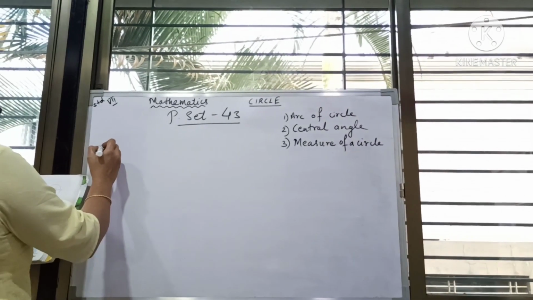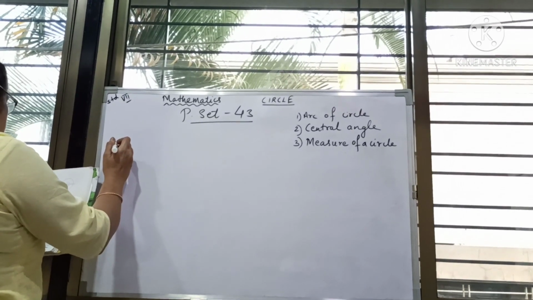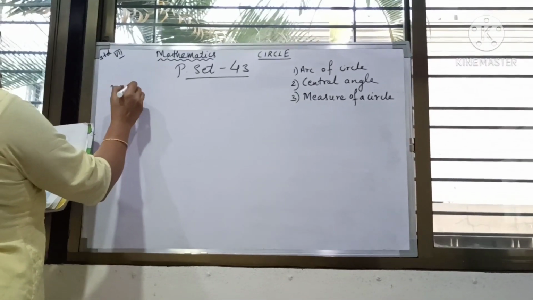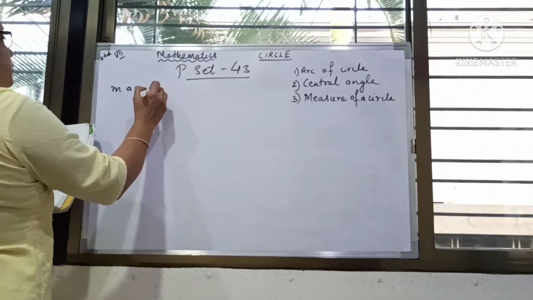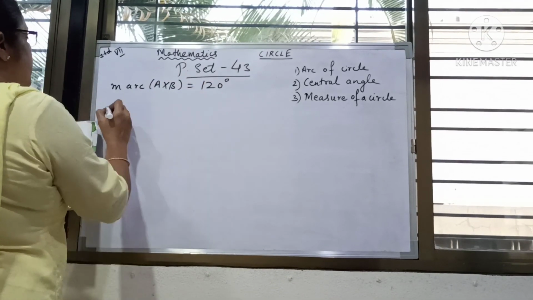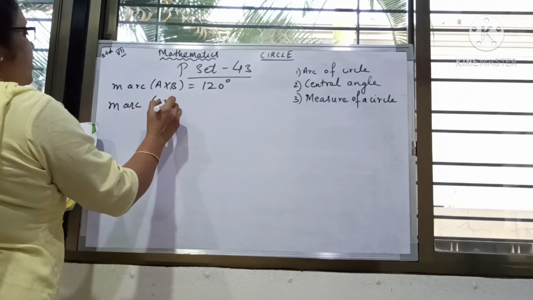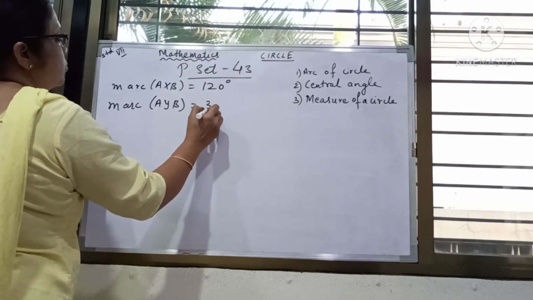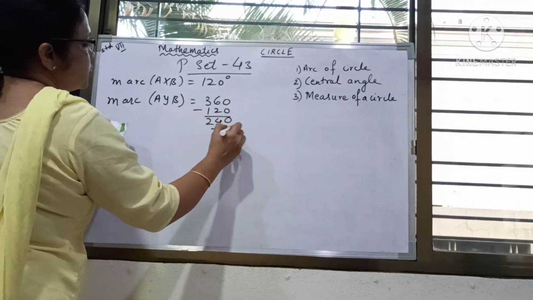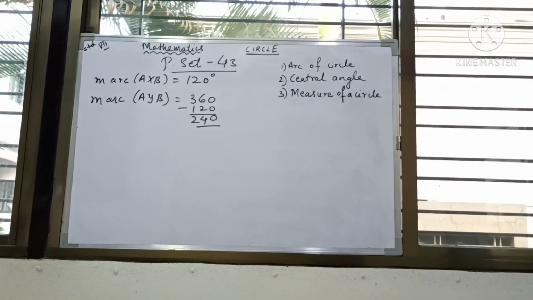So you have to subtract 360 minus 120. Major arc AXB is equal to 120. Major arc AYB is equal to 360 minus 120. It comes to 240. So the answer is 240 degrees.